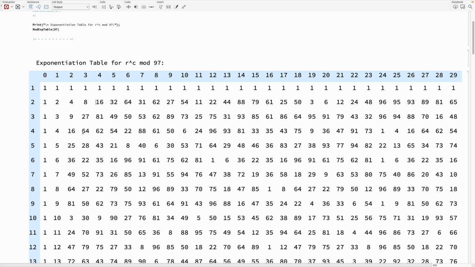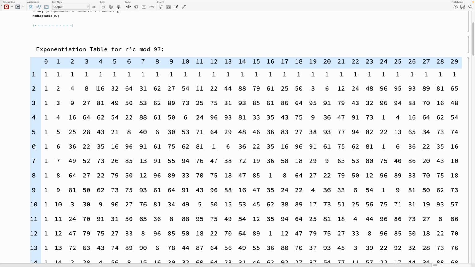How I do it is I go along, and eventually I'll hit a 1. And when I hit a 1, it's going to start repeating. So I found something of order 24, but I want something of order 8, so that's not it. So I can keep going. Here I see 6. What's the order of 6?